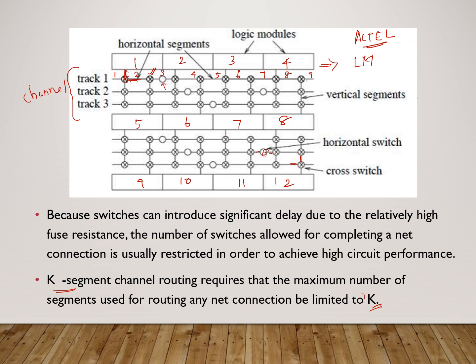For example, from module 1 to module 5, if you want to make the connection, this is one segment, second, third, fourth, fifth, it is 5. That means K equal to 5 is the maximum. You should not use more than this number of segments for making the connection between any two blocks. That is called K-segmented channel routing. In order to reduce the delay, we have to follow this.